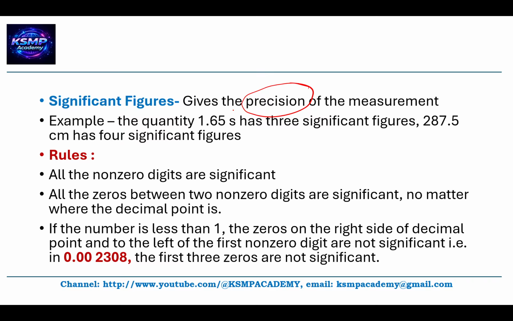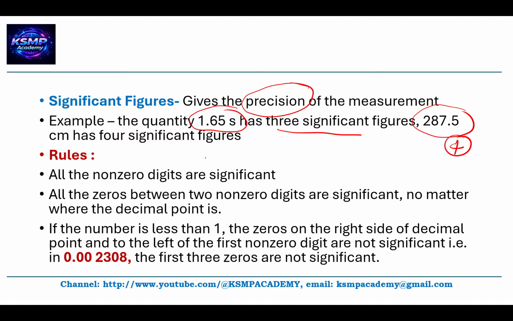For example, if a quantity is 1.65 seconds, it has 3 significant figures. Similarly, we have a quantity 287.5 centimeter. It has 4 significant figures. So by looking at the quantity or measurement, we have to find the number of significant figures.